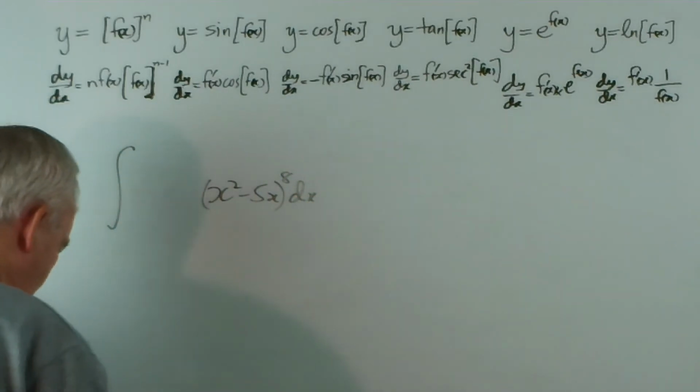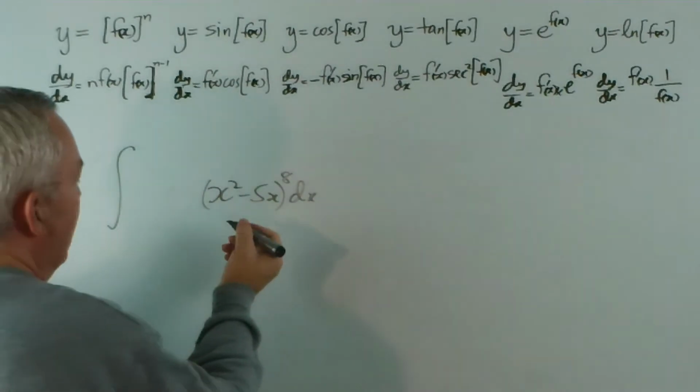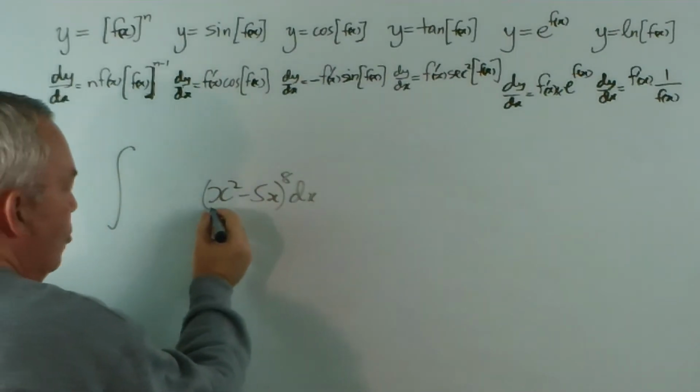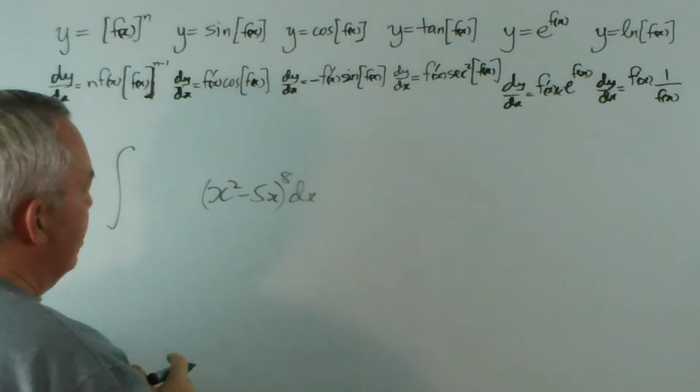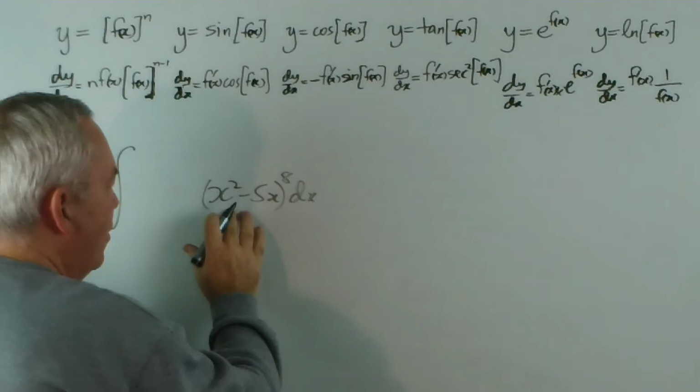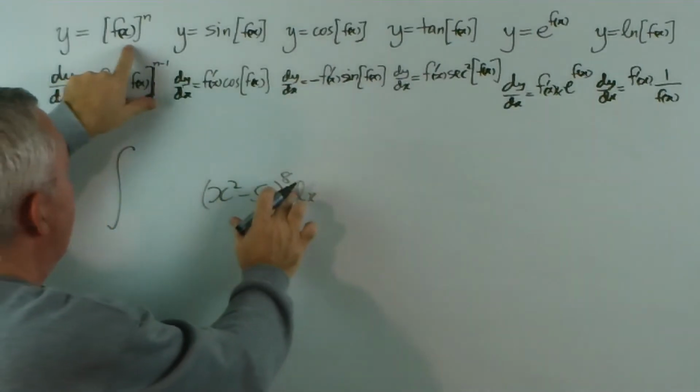I think I've got the wrong pen here. This might make life a bit easier. And the derivative of this, well, let's start by discussing this. If I had to integrate this, where I have a function inside a power, I know I'm using the power rule.